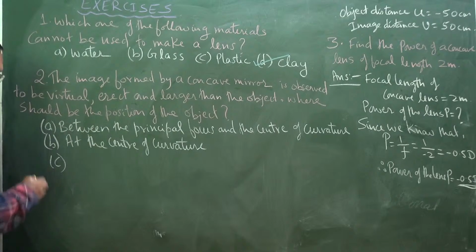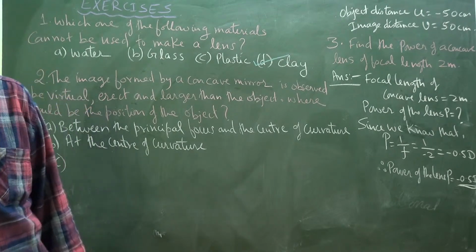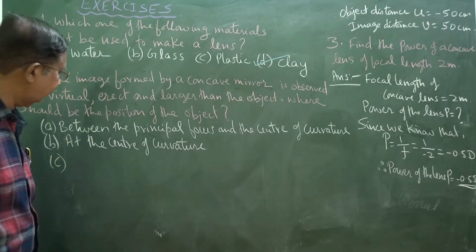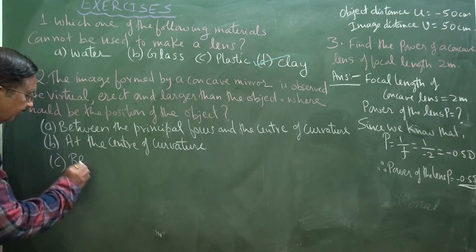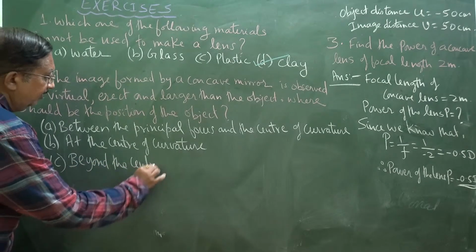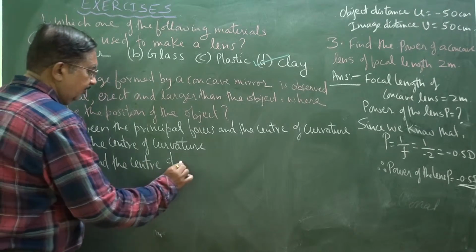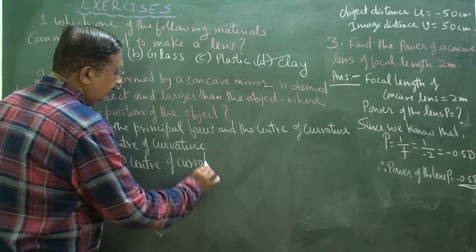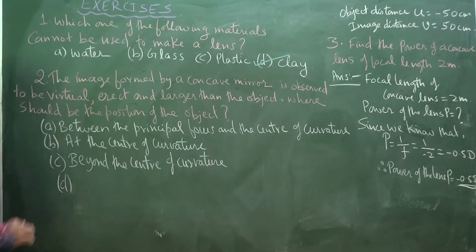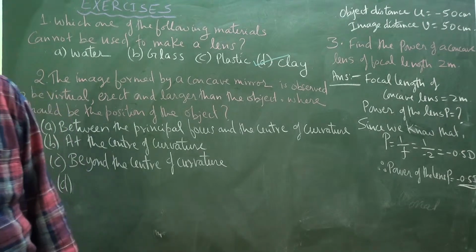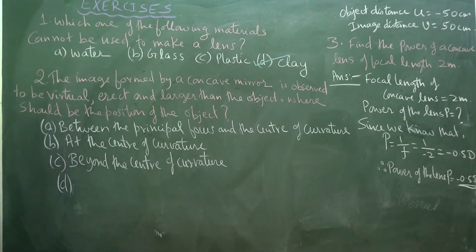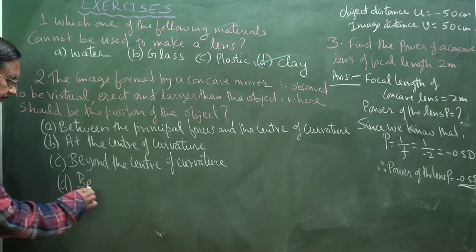What is C option? Beyond the center of curvature. What is D option? Between the pole of the mirror and its principal focus.